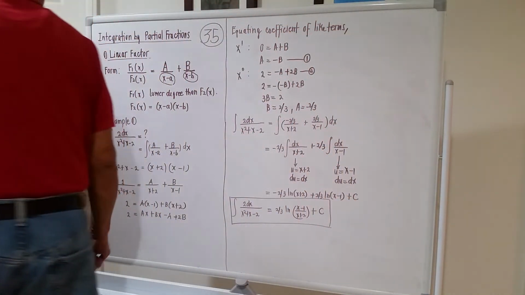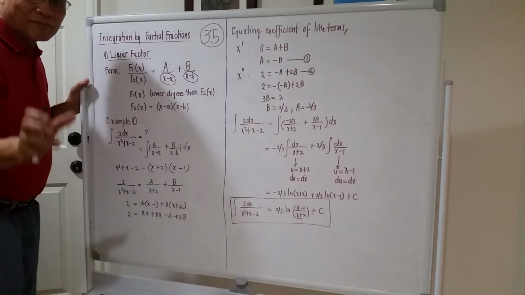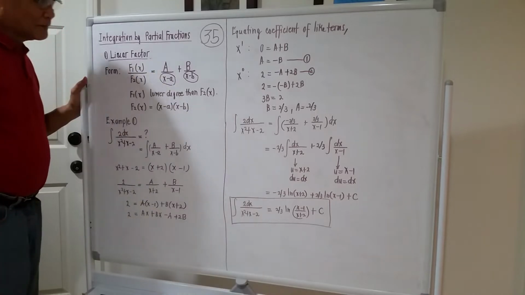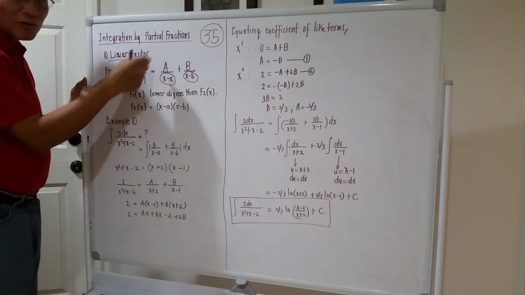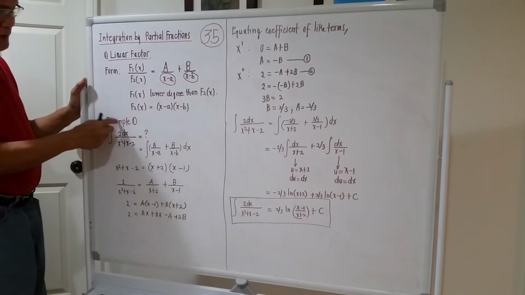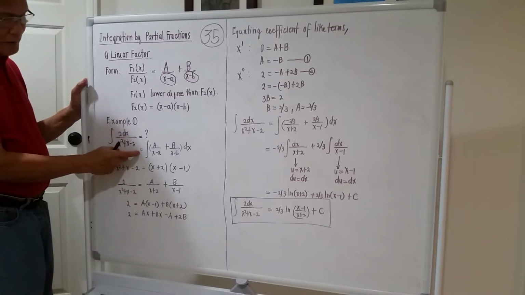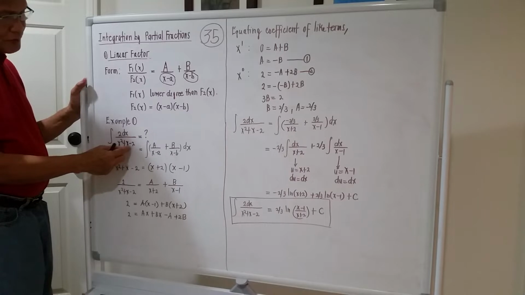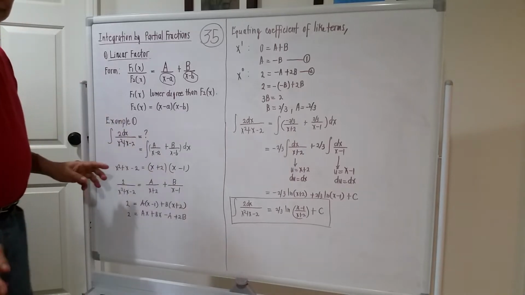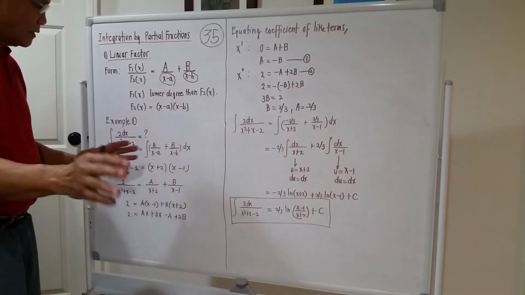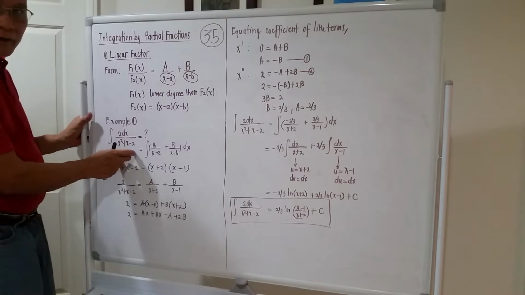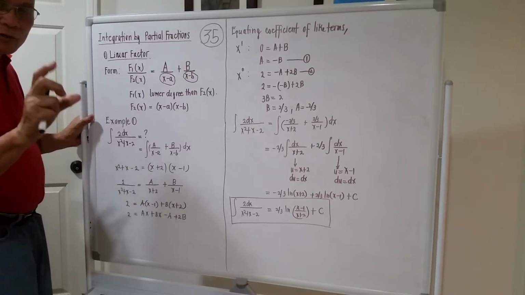Okay? Let's bring out example number 1 for tonight, involving linear factors only. Find the integral of 2 dx all over x squared plus x minus 2. If you try to look at it, the given denominator is a quadratic equation.